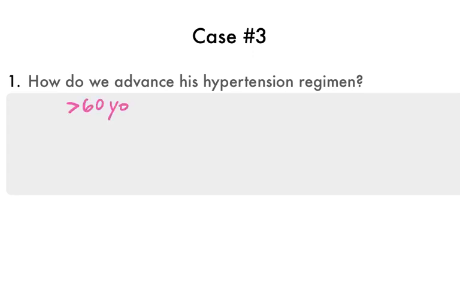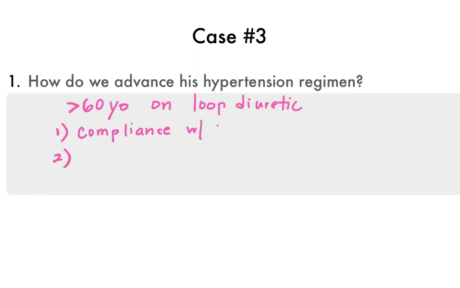So we need to advance his therapy, and in general we can say that if he was started on a diuretic and it hasn't quite lowered his blood pressure, there are 2 things that we can do simultaneously. 1, we need to address whether he is compliant with his medication regimen and with his lifestyle modifications. I would also add here that at 67, he may have some renal dysfunction.